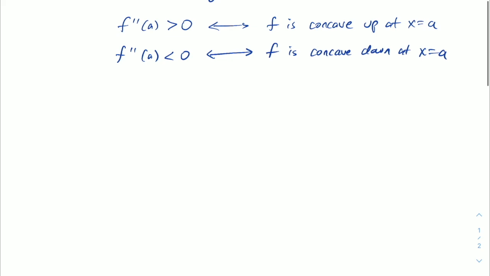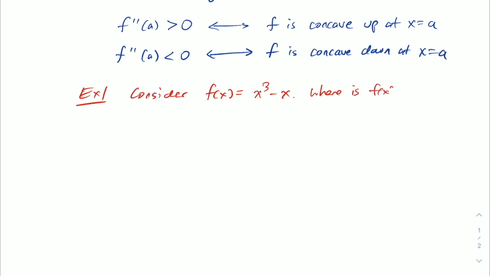Let's look at an example. Consider the function f of x equals x cubed minus x. And we want to ask the question, where is f of x concave up? We could look at this graphically, but we're going to look at this with the second derivative.